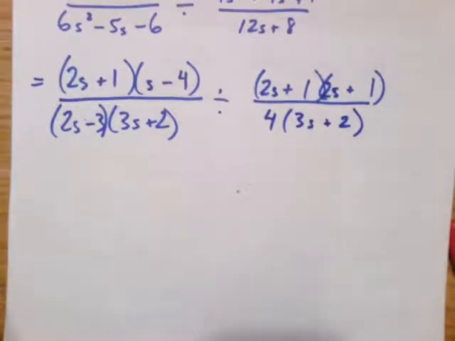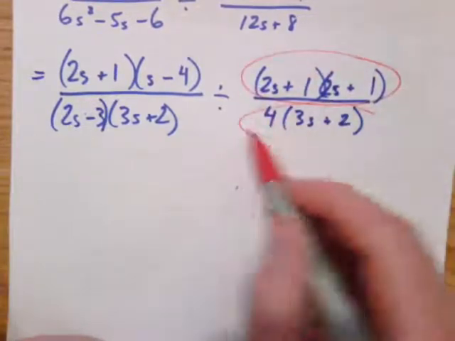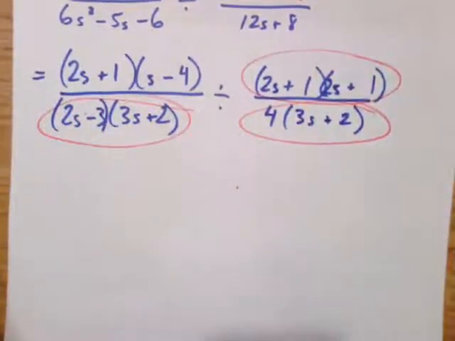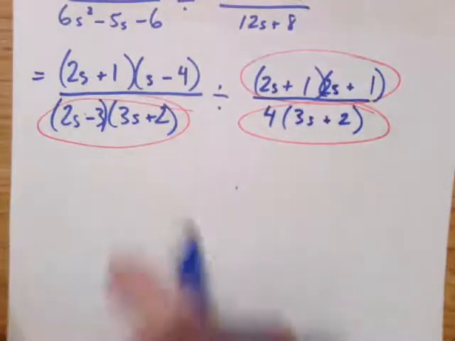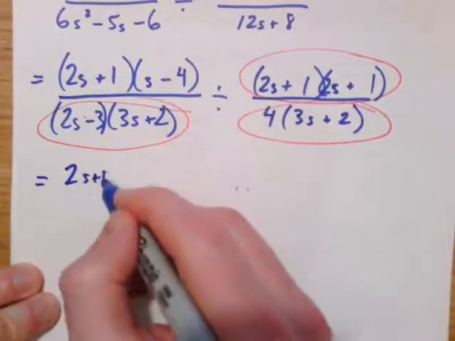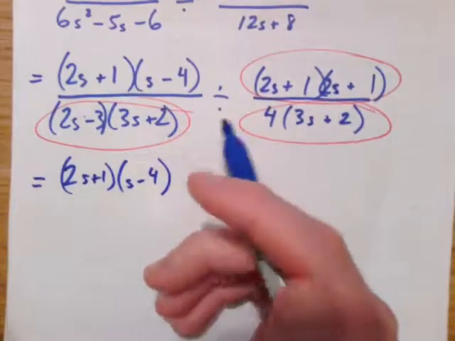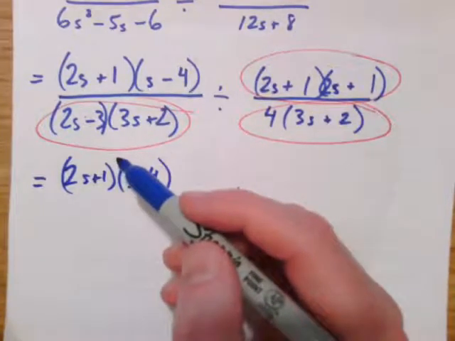Okay, so now that we got this factored, I'm just going to show where I got to look for my non-permissibles later, so don't forget nothing. I'm going to rewrite this as multiplication. 2s plus 1, s minus 4. I don't like the s's because they look like 5s, especially with my writing.